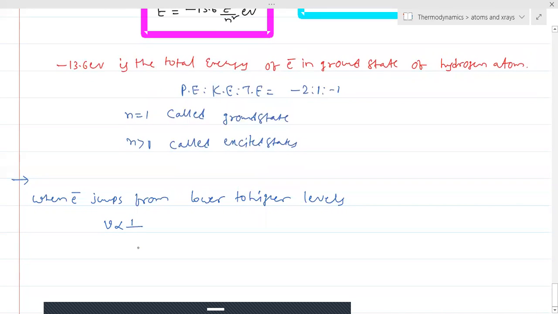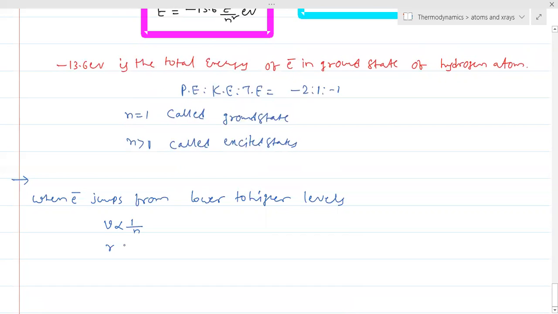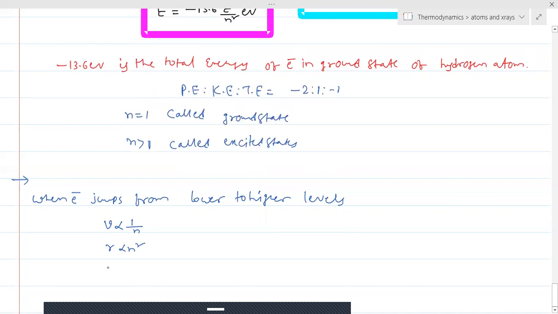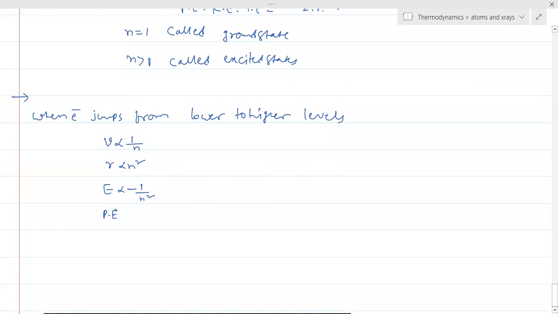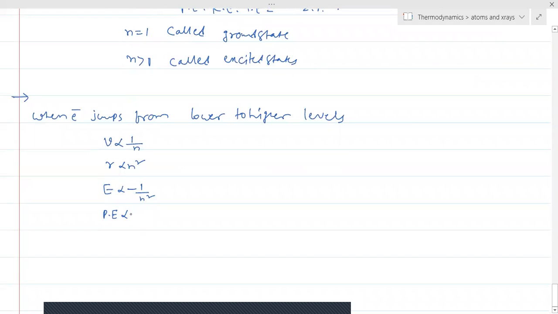V is proportional to 1 by n. We know that r is proportional to n square, and total energy is proportional to minus 1 by n square, and the potential energy is also proportional to minus 1 by n square.